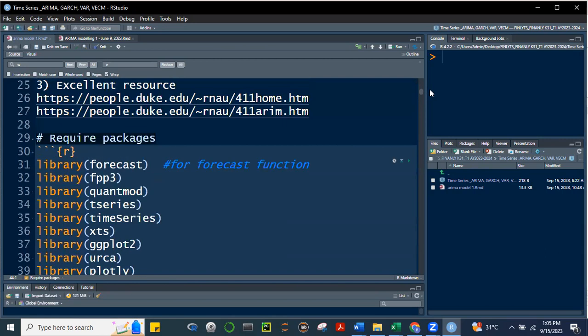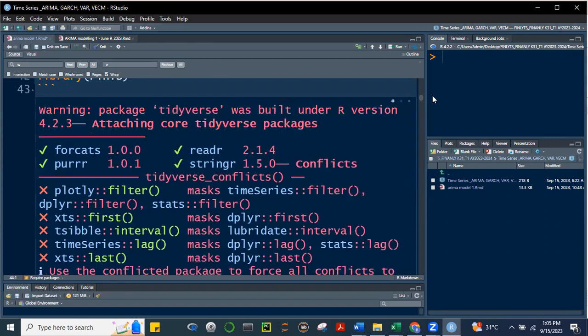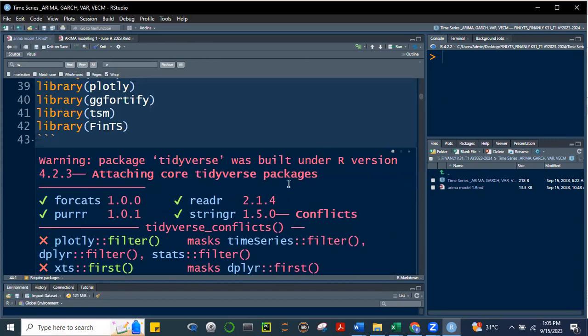Okay, when you load tidyverse, I'm wondering why. Did you see this message also, class? Kindly chat, please, if you see this message from R.